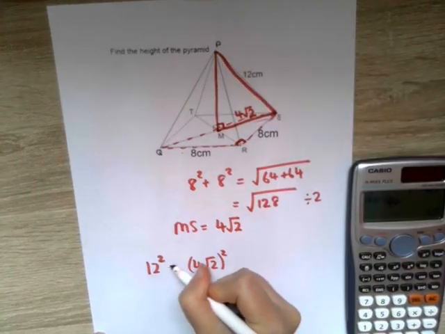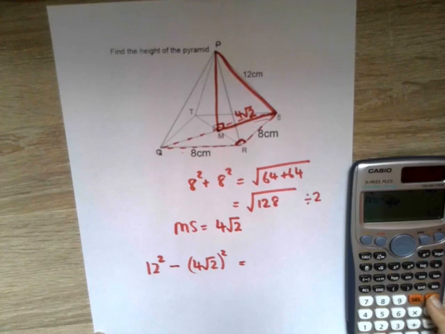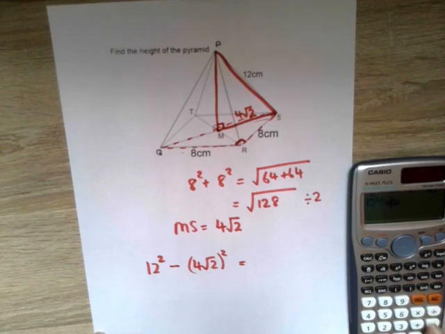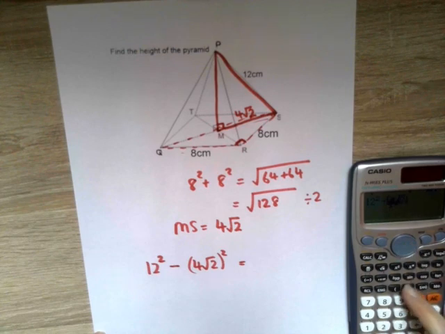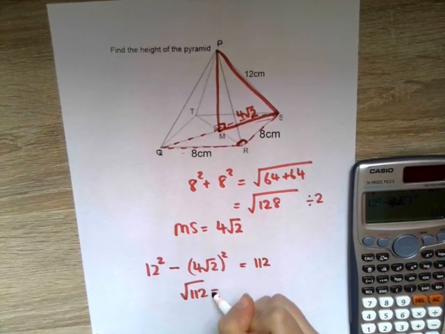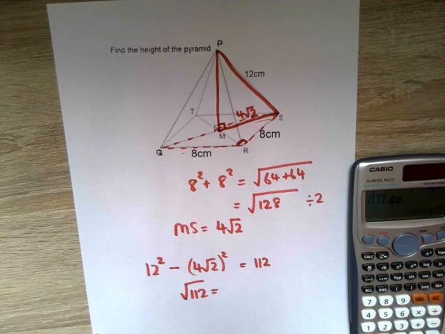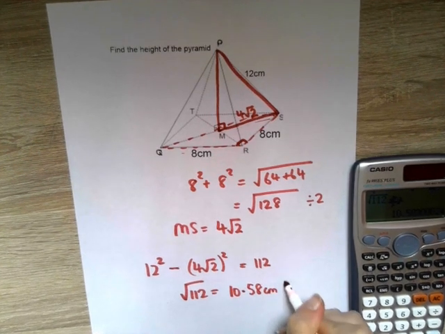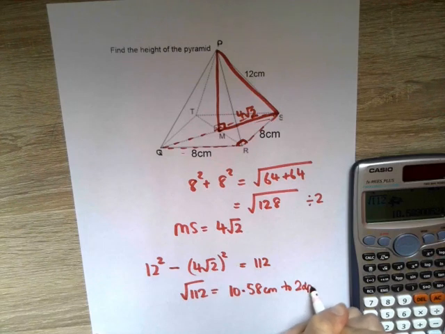So this time I'm going to minus them, so it's going to be 12 squared minus, put the 4 root 2 in brackets. So that equals 112, and now I will square root my answer, and I can round it because it's the final step. And so we get 10.58 centimetres, and that's to 2 decimal places.